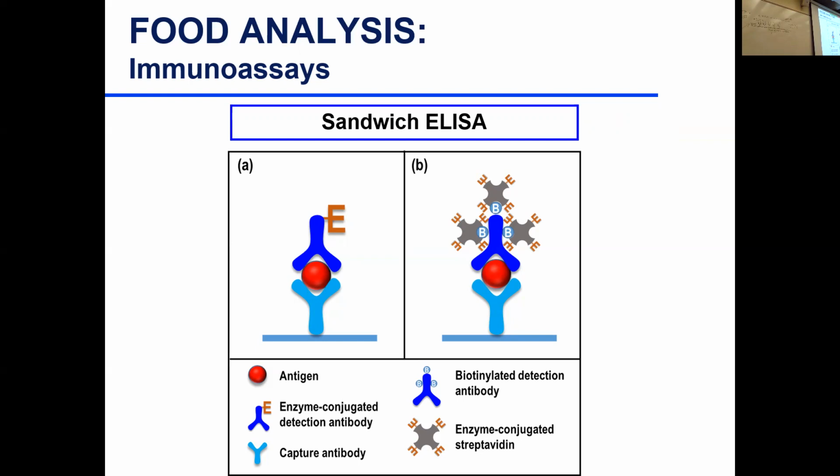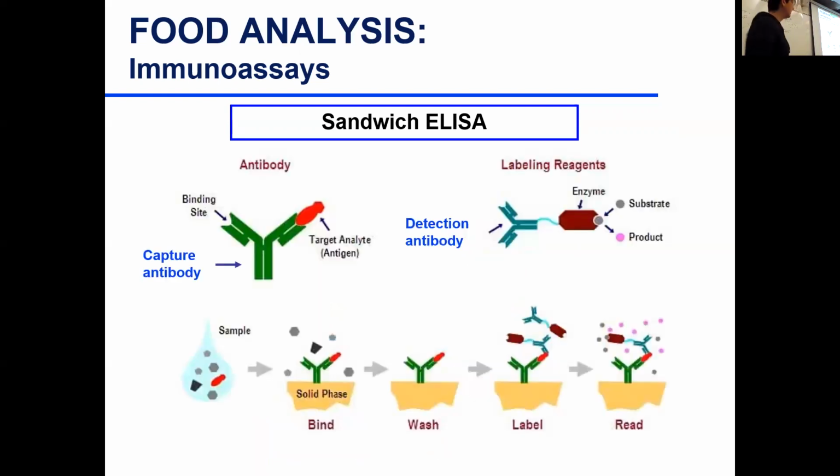Avidin binds biotin, and then I will have multiple enzymes at one antibody. So I magnify the signal quality. Having a lot of enzymes at each antibody, I can enhance the sensitivity of my assay. So this is an illustration of what I drew earlier.